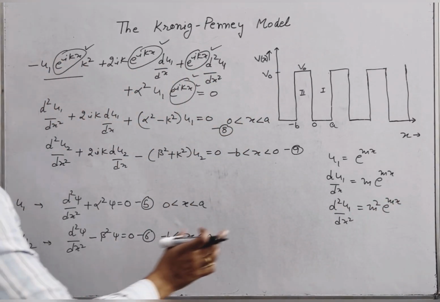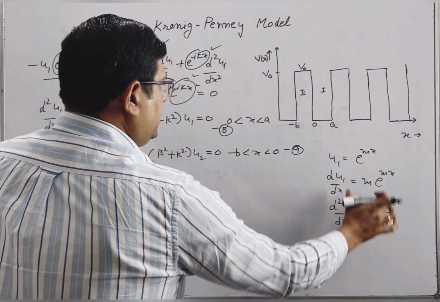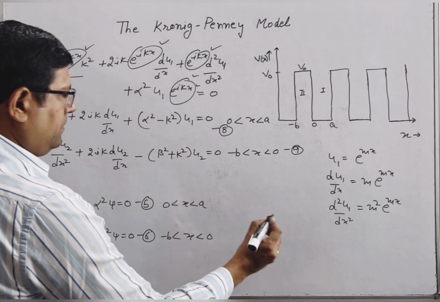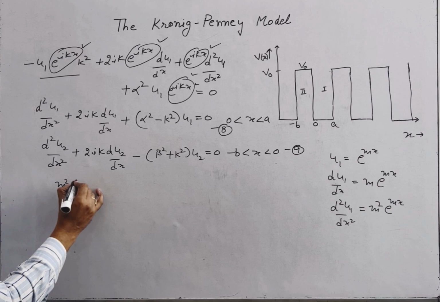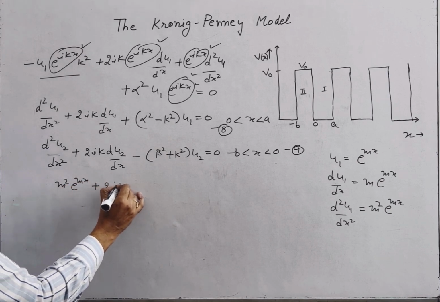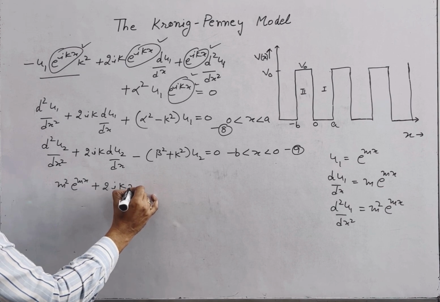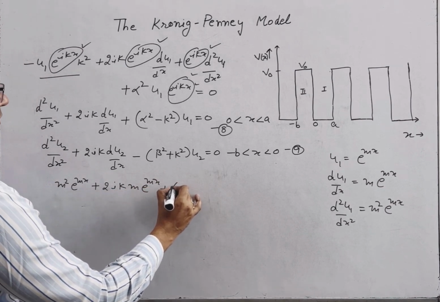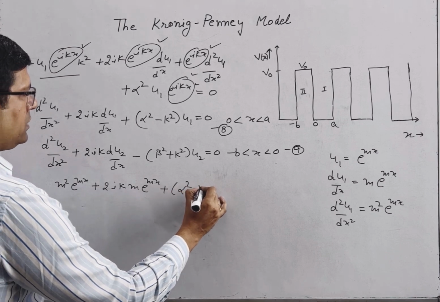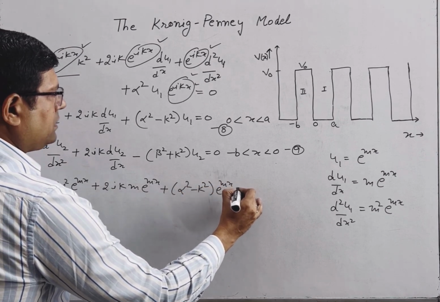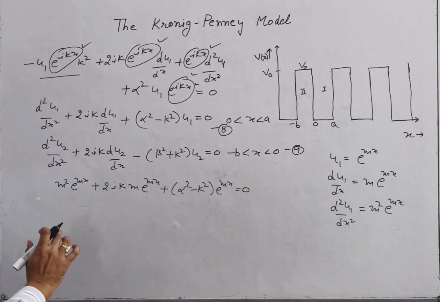Now we will put these two values in equation number 8 and we get m square e raised to power mx plus 2 iota k m into e raised to power mx plus alpha square minus k square into e raised to power mx equal to 0.